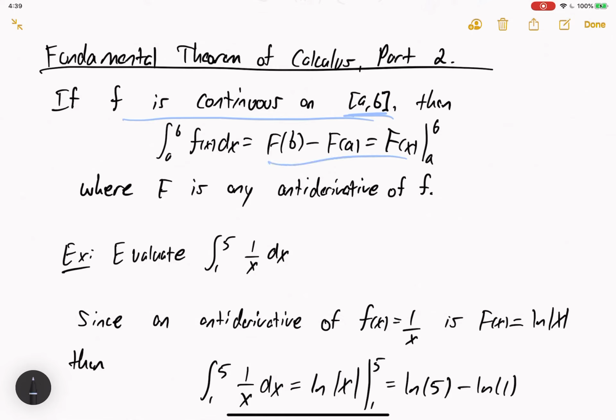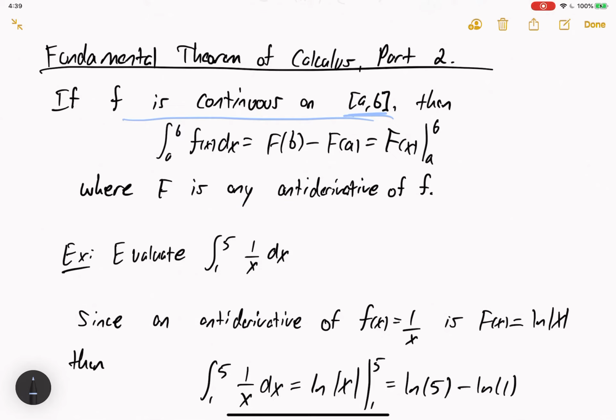So what does this mean again? The integral from a to b of f of x dx is going to equal capital F of b minus capital F of a. And what is the capital F? Capital F is going to be any antiderivative of f.